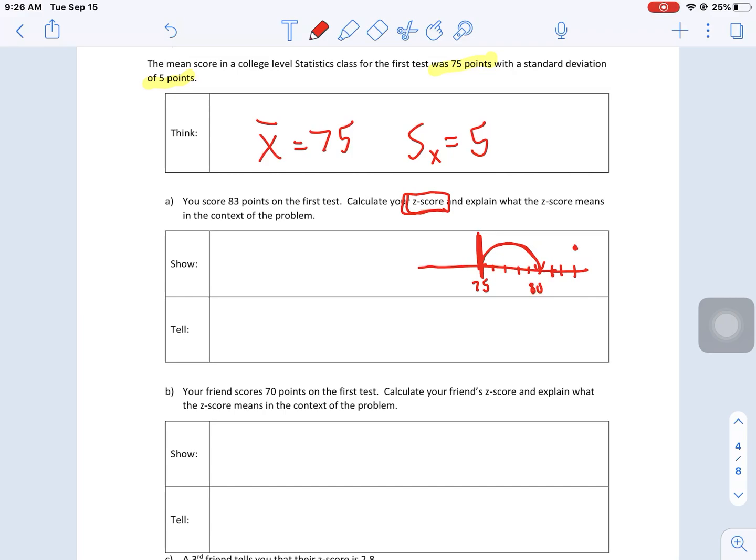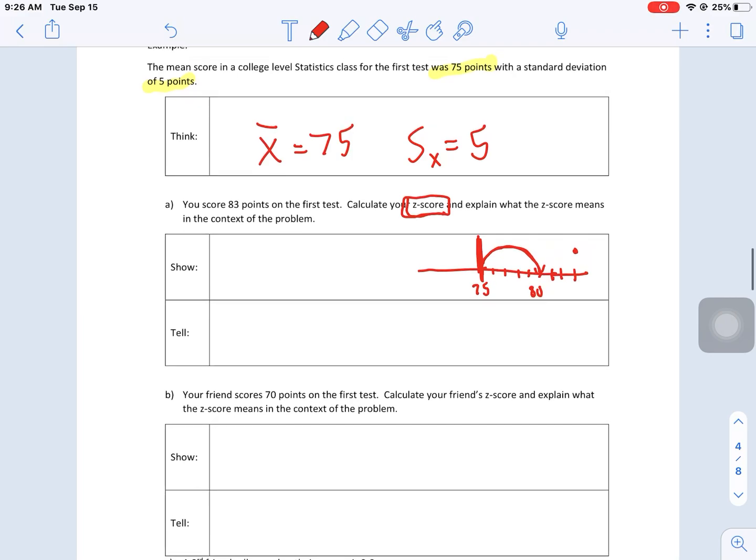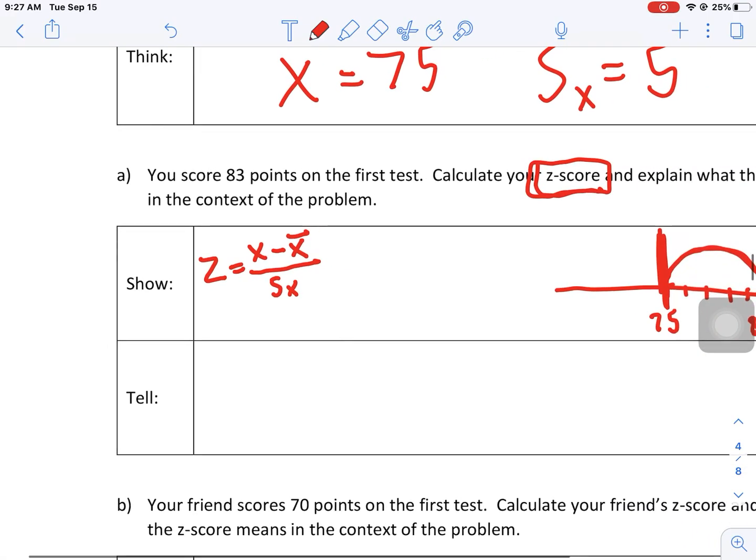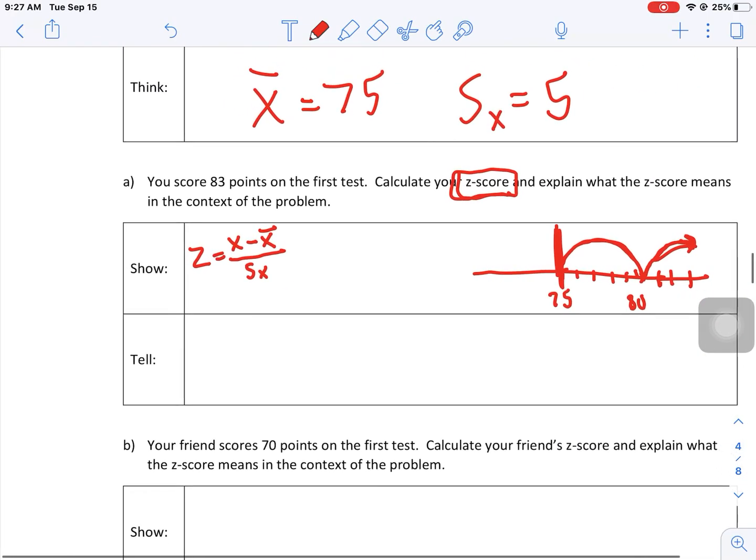My z-score would be positive 1. But we can see we have to go a little more, so maybe about 1.5, but we can actually figure out the value using the z-score formula. Remember, the z-score formula is z equals your value minus your mean over your standard deviation. So again, for this one, we're looking at a z-score of about positive 1.5.